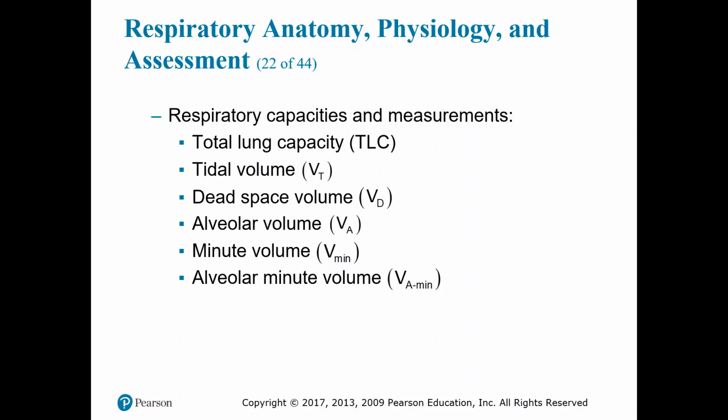Inspiratory reserve volume. The inspiratory reserve volume is the amount of air that can be maximally inhaled after a normal inspiration. So you take a normal inspiration and then you take another as much as you can, and that's your inspiratory reserve. Expiratory reserve volume is the volume of air that can be maximally exhaled after a normal exhalation.